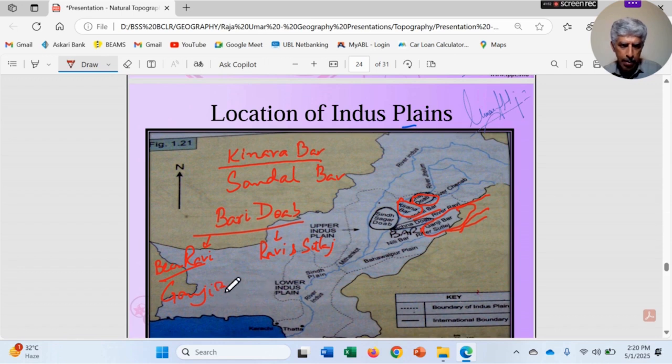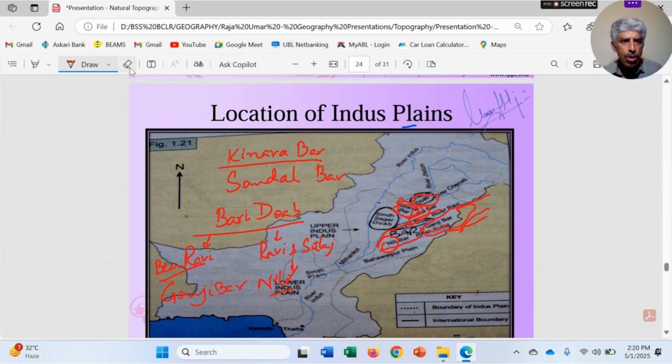And purely between river Ravi and river Sutlej, it is known as Neeli Bar. Ganji Bar is mentioned over here, Sandal Bar over here, Kirana Bar over here. So these are the bar uplands, the characteristics of the Doabs in this region.